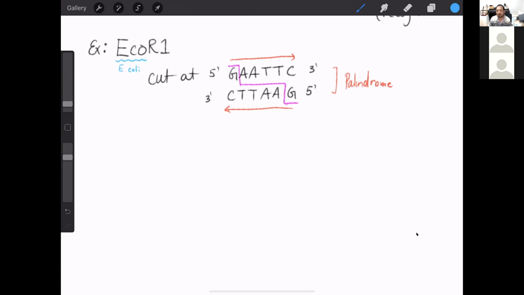So the question that you have to ask yourself is, why would bacteria create enzymes that cut DNA? And the answer is that they're trying to protect themselves against viruses. Because as you guys know, bacteriophages have been attacking bacteria for thousands, if not millions, if not billions of years. Of course, billions of years.